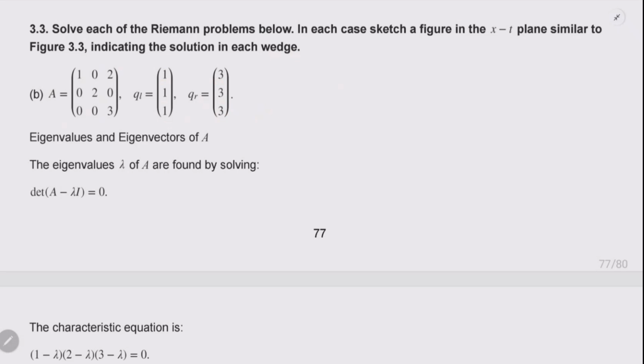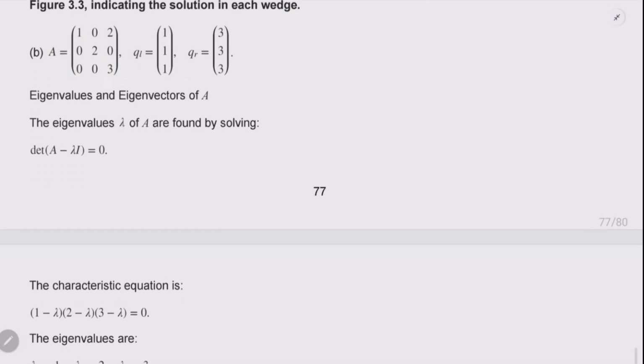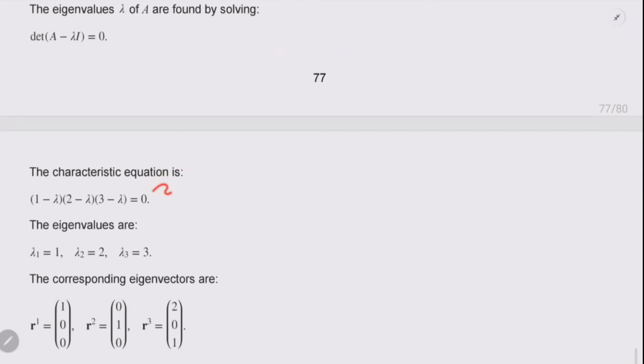As usual, we try to find the eigenvalues, and we find the eigenvalues from this equation. We solve it, and there are three eigenvalues given here, and these eigenvalues are the speed of characteristics.